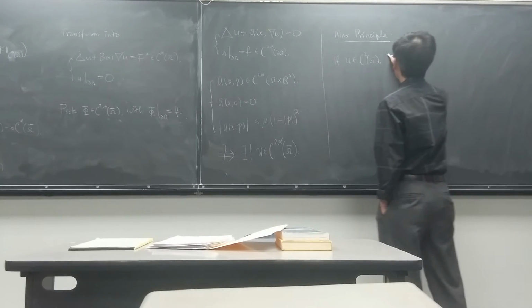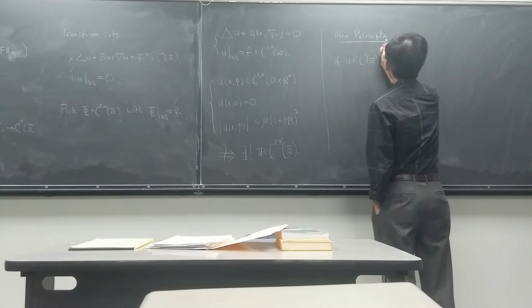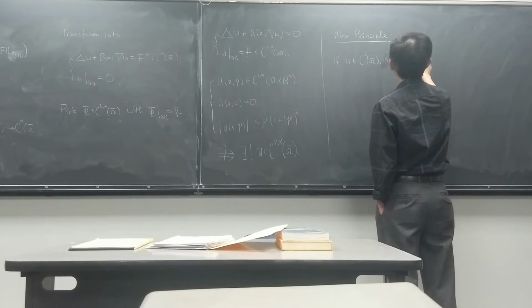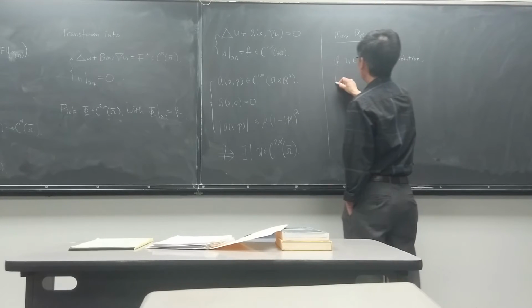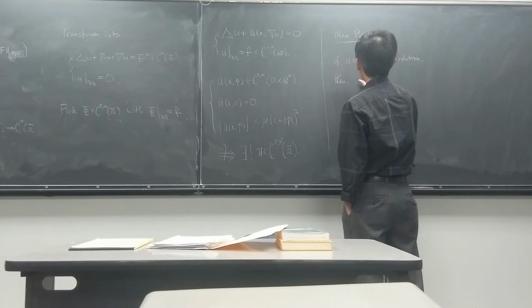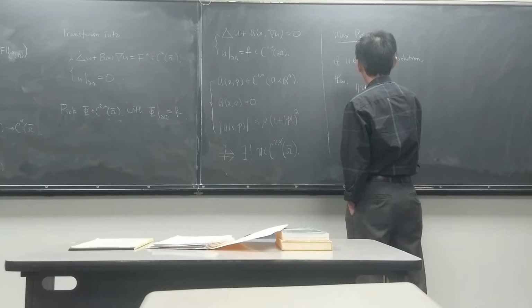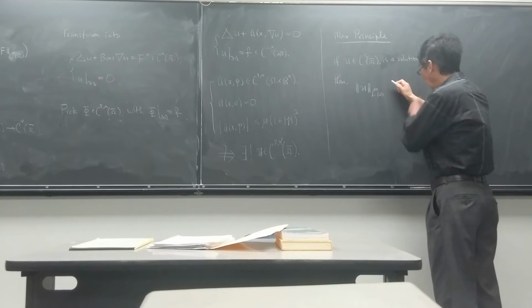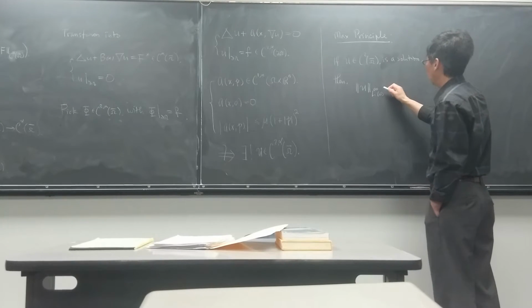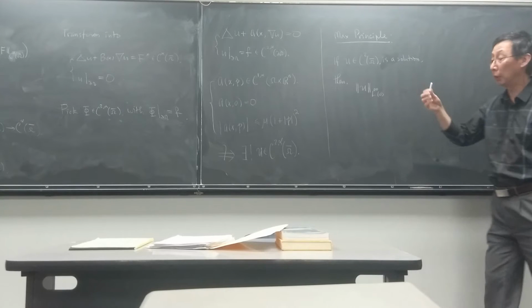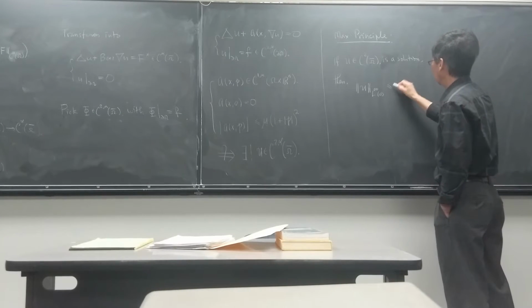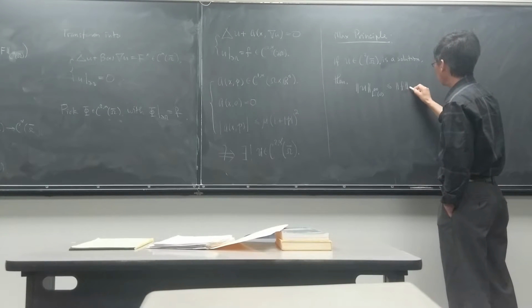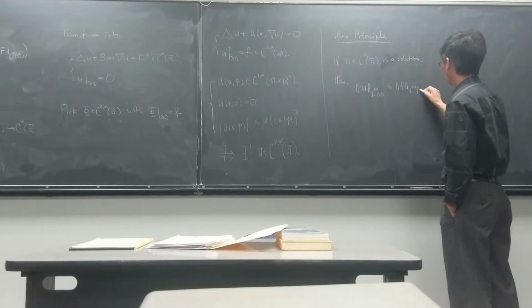Then it is a solution. So then this will imply that u on the boundary, the maximum or the minimum, is controlled by f on the boundary.